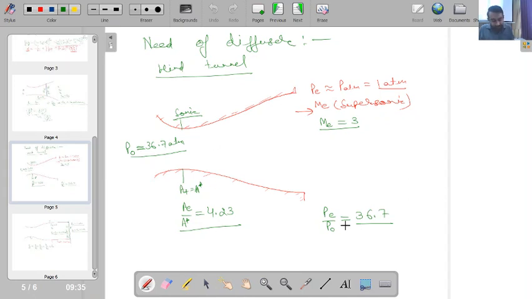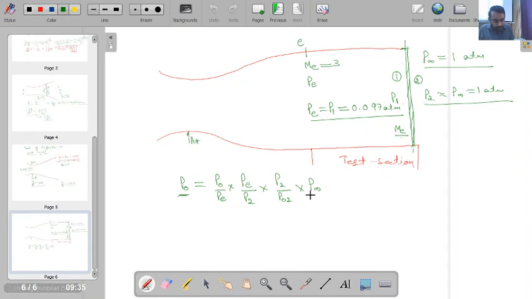So if for the previous nozzle the pressure ratio was 36.7, for this nozzle also the pressure ratio will be 36.7, because the nozzle remains unchanged and I am only using an additional duct. So the pressure ratio across the nozzle will remain the same, because the Mach number at the exit of the nozzle is the same. So P0 by PE is 36.7. Then comes PE by P2. So what is PE?